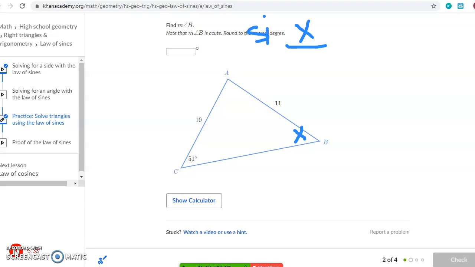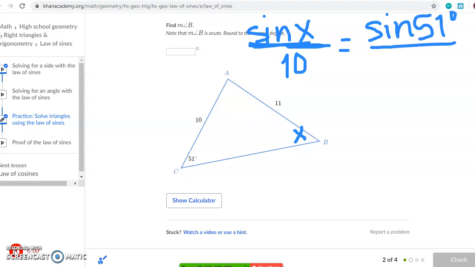So the sine of angle x is going to be over the side opposite. So that's a 10. So over 10 equals, and then the other information that we have, the measure of angle 51 degrees. So sine of 51 degrees over the side opposite that is 11. There's our proportion. We just need to solve it for x.